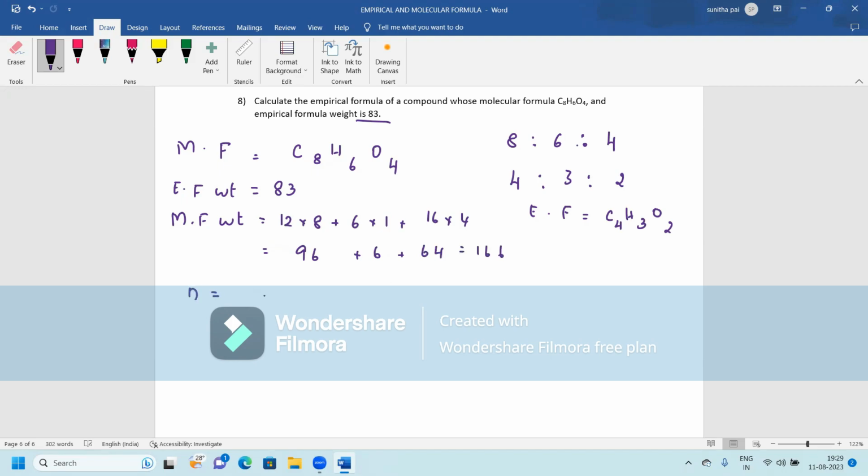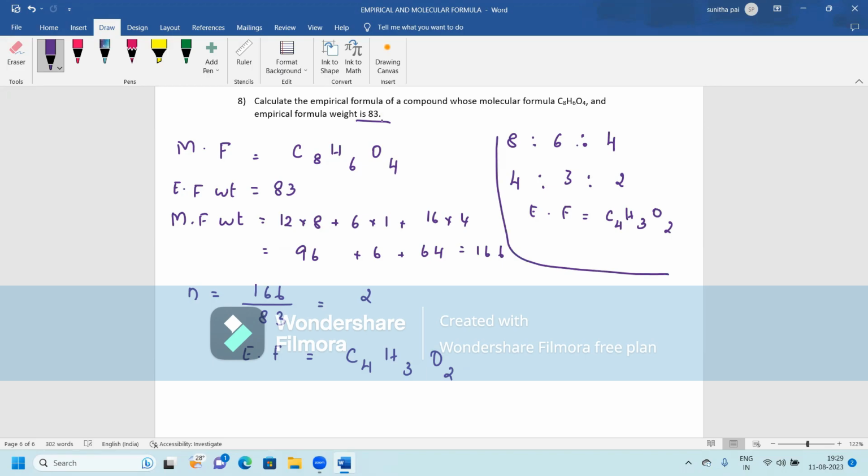N can be calculated by dividing molecular weight by empirical formula weight. So that gives you 2. So you get n value 2, which means divide all the numbers in the molecular formula by 2, which is again giving us the same answer. Empirical formula is C4H3O2. The first method was the easiest.